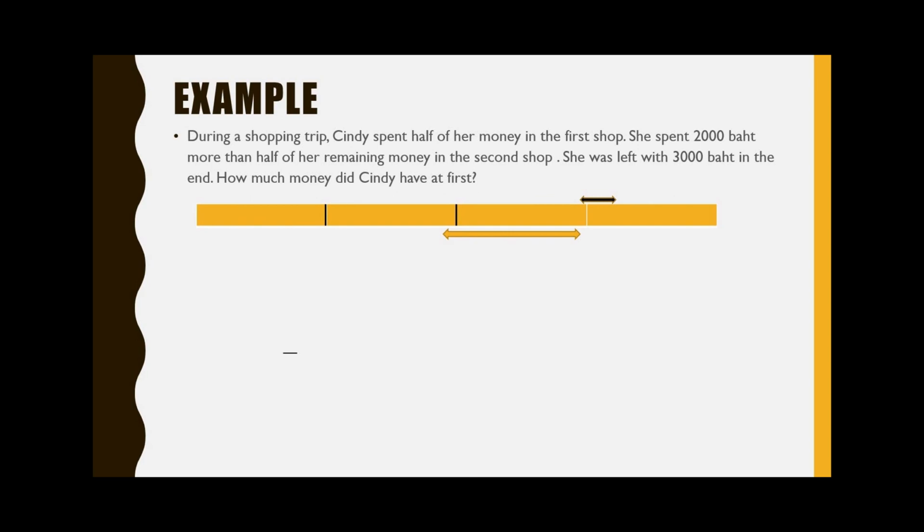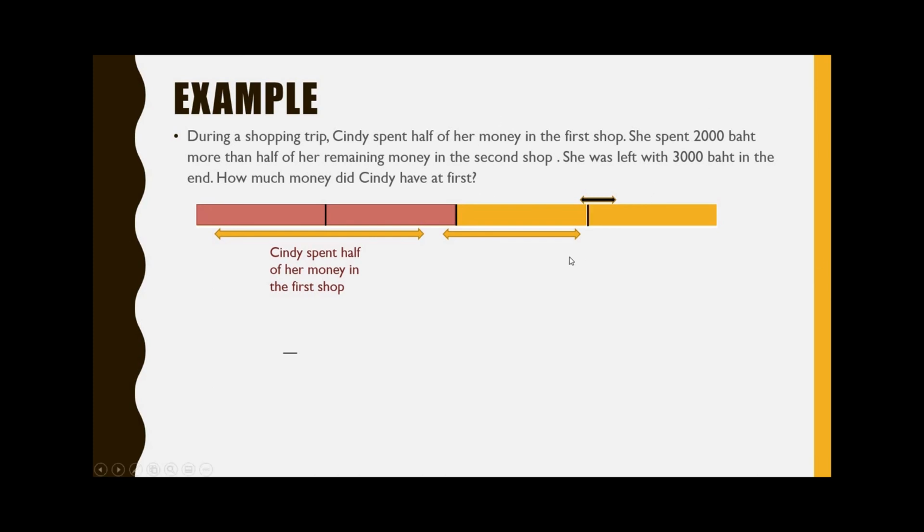Let's imagine these 4 rectangles are the money that Sydney had at first. Sydney spent half of her money in the first shop. So this pink rectangle is the money that she spent at the first shop. Then she spent 2,000 baht more than half of her remaining money in the second shop.